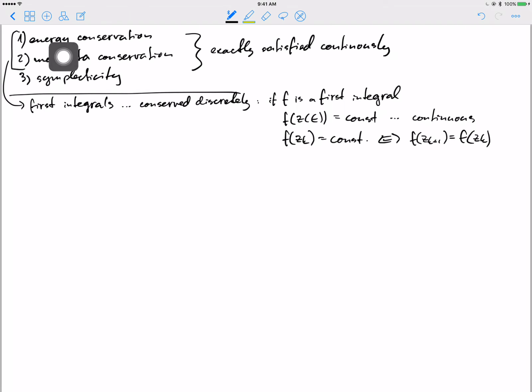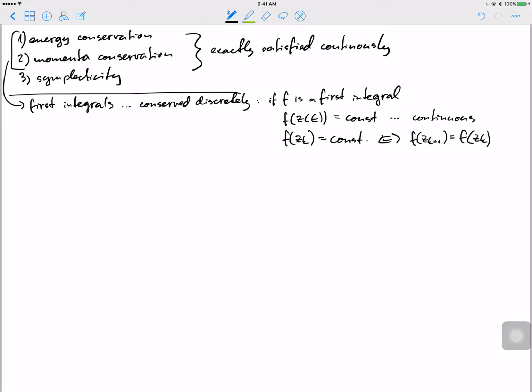And the first integral can be energy, the total energy, aka the Hamiltonian. It can be linear momenta, it can be angular momenta. Okay? And it turns out that some numerical integrators do have this property and some don't. And you probably want to pick those that do, because then they are less likely to give you implausible solutions. Okay?